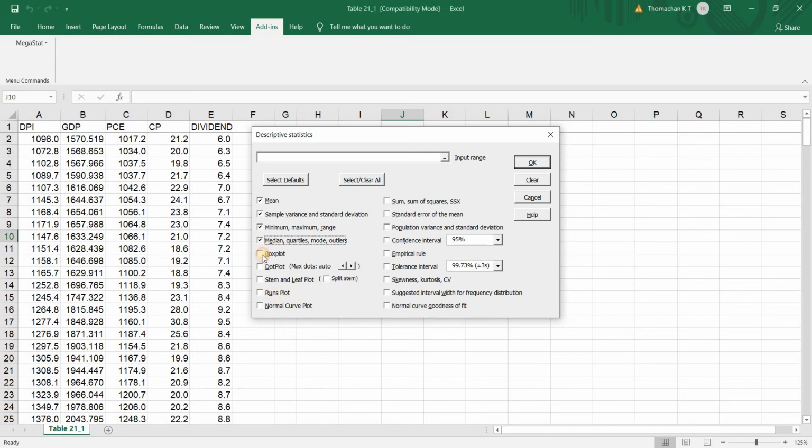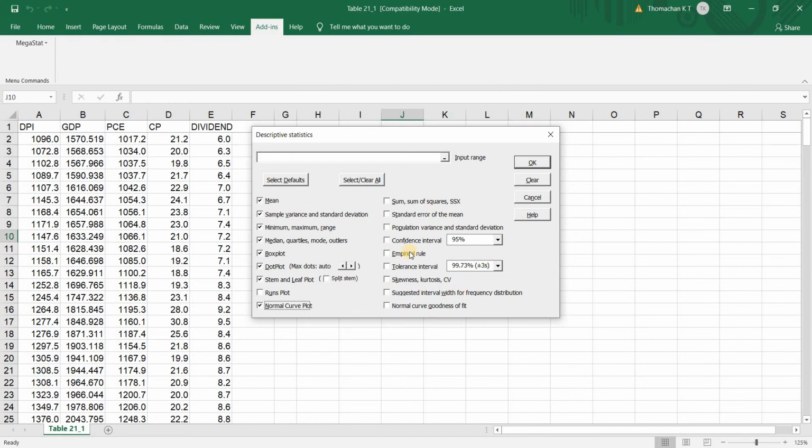So I select box plots, dot plot, stem and leaf, normal curve plots. Then this is an empirical rule and normal curve, goodness of fit, and so many other options are there.